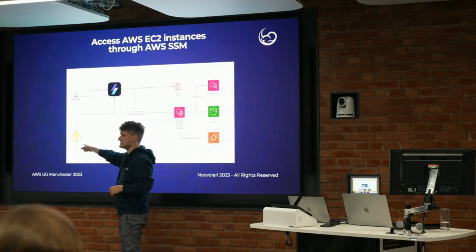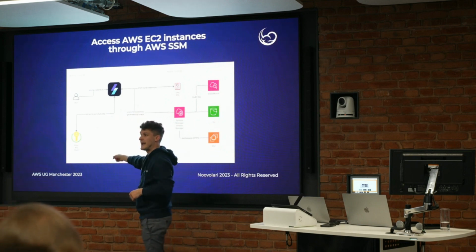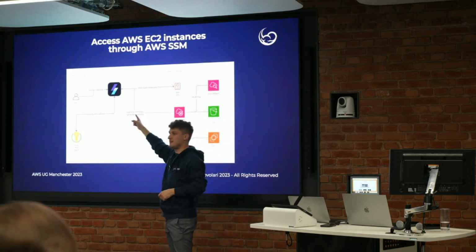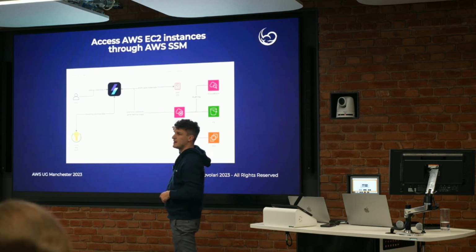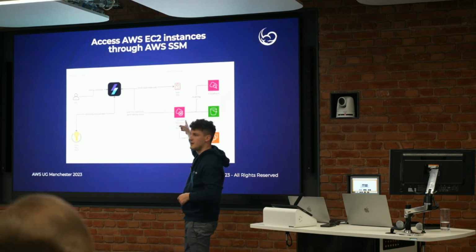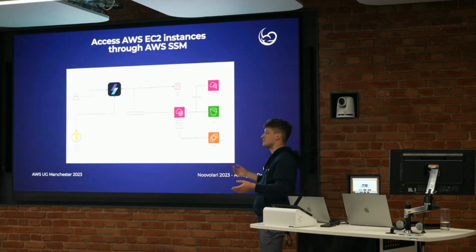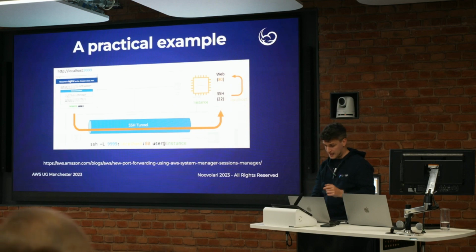Leapp retrieves the sensitive data, and then without injecting anything in the credential folder, calls STS, retrieves a set of short-lived credentials, and then automatically calls System Manager and the plugin. So you don't have to have credentials anymore to access your instances. And this is the tunnel that you just saw.